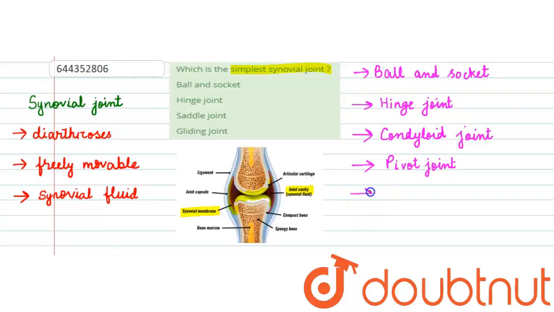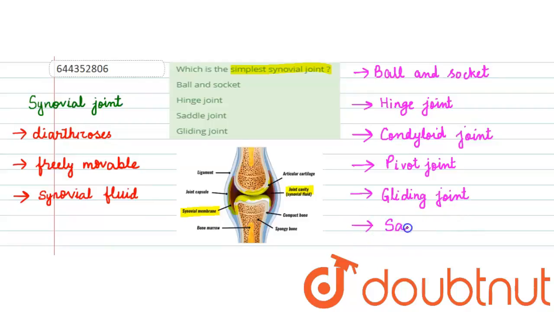Then we are having the fifth joint, that is your gliding joint. From the name only, we can understand that over here there is something that is gliding. This joint, your gliding joint, is also known as your plane joint. Although it only permits limited movement, it is characterized by a smooth surface that can slip over another. If we talk about the example, the joints in our wrist are gliding joints.